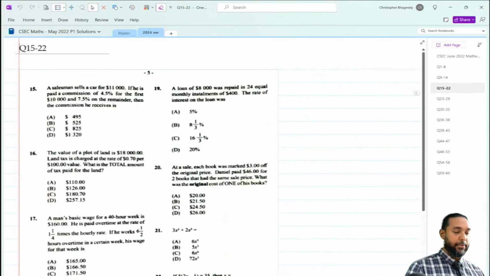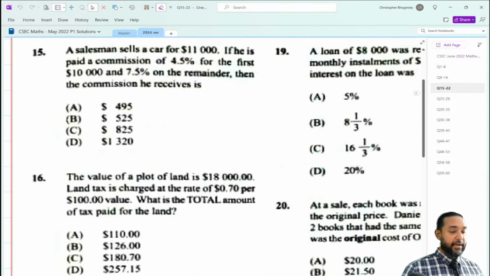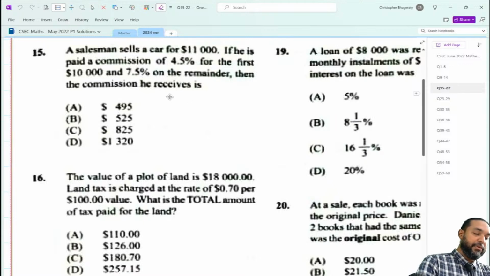Number 5. We're almost a quarter of the way through the paper. A salesman sells a car for 11,000. If he is paid a commission of 4.5% for the first 10,000 and 7.5% on the remainder, then the commission he receives is... So we have to split the 11,000 into two amounts: 10,000 and the remainder, which is 1,000.